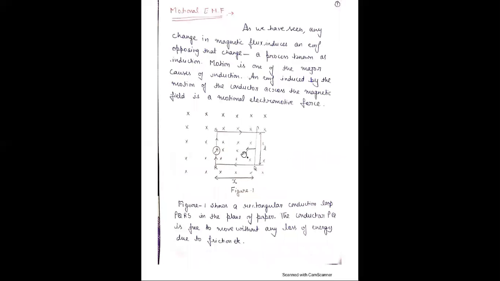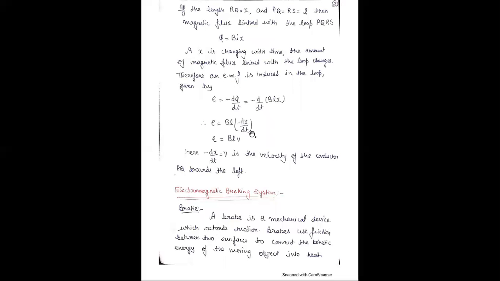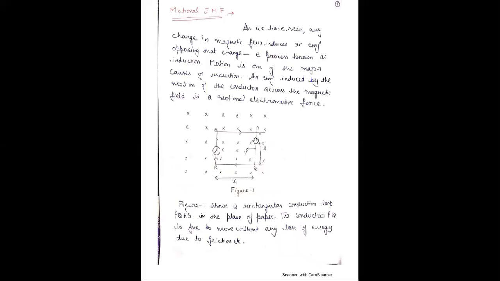Change in position with respect to time represents velocity, but here the velocity is opposite to the x direction, as it moves towards the left. Therefore we use v equal to minus dx by dt, and the EMF E is equal to BLv. This EMF is known as motional EMF, because it is produced due to motion of the conductor.